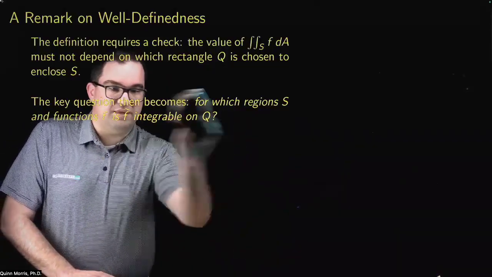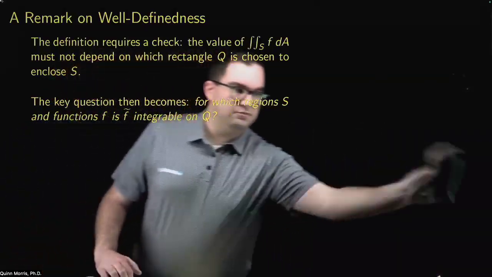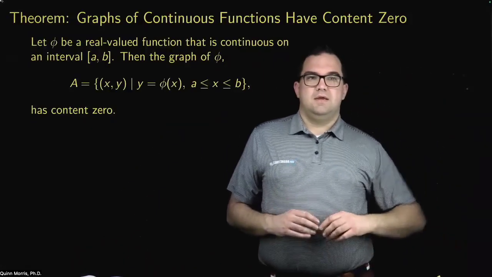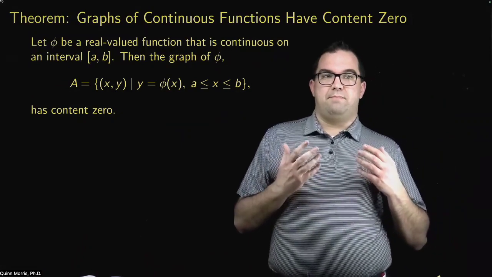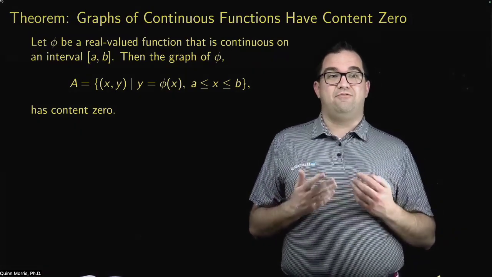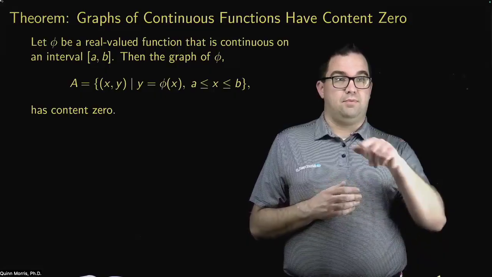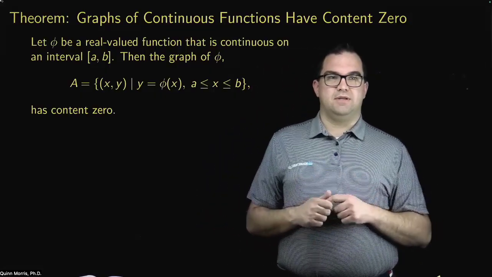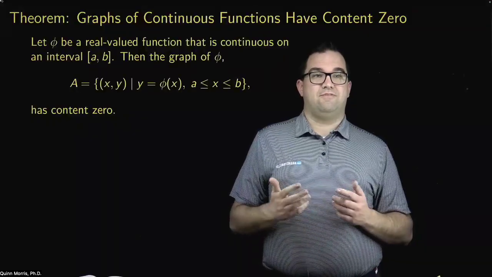We're not even going to prove this theorem. It's one you could prove straight from the definition of continuity. But if the boundary of S is the graph of some continuous function in the plane, or piecewise the graph of some continuous function, then it will have content zero.